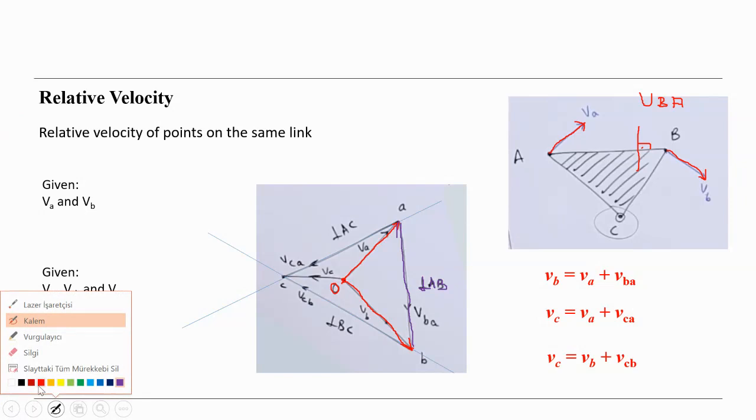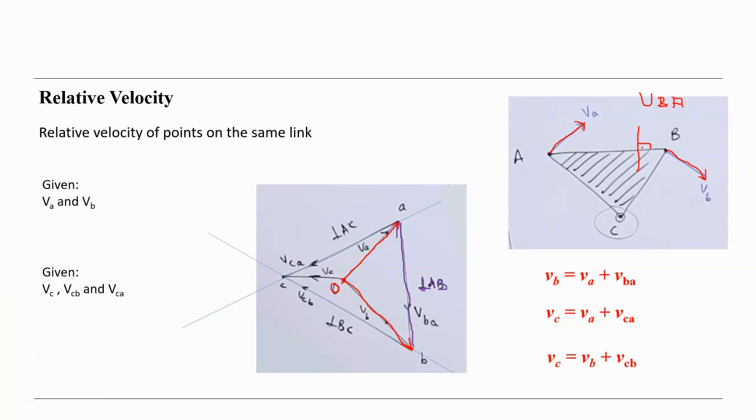Let's use this color here. Okay, and this is the equation actually. VB is equal to VA plus VBA. That means we calculated already the relative velocity of the point B about the point A.